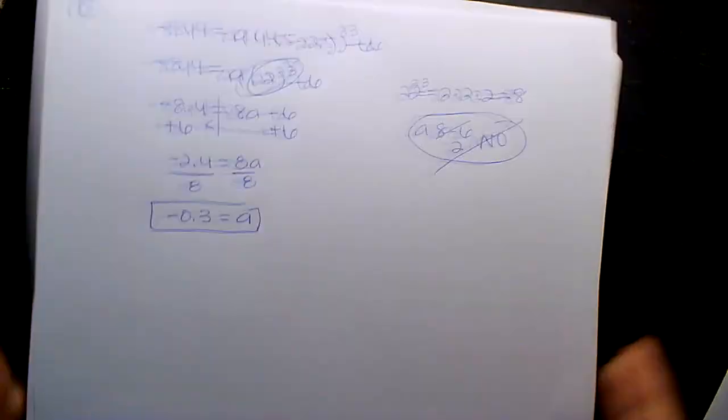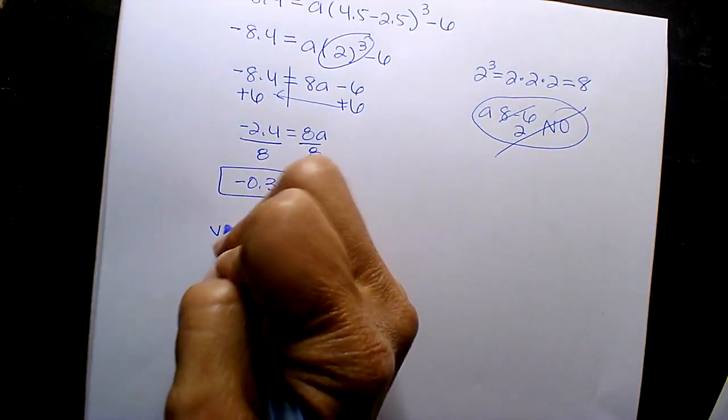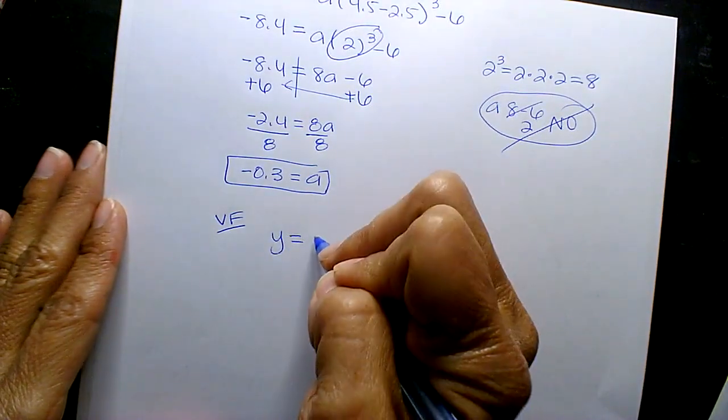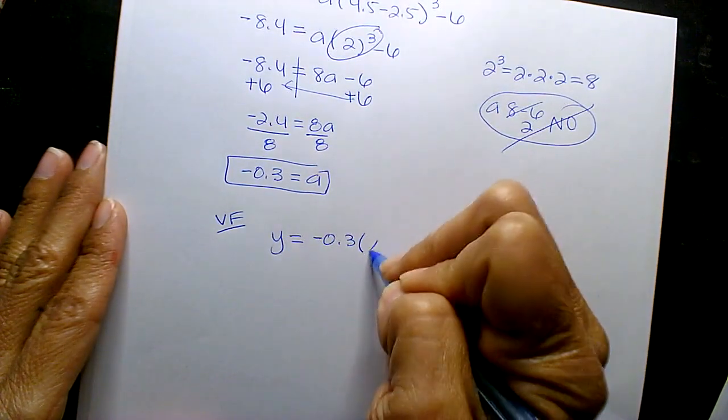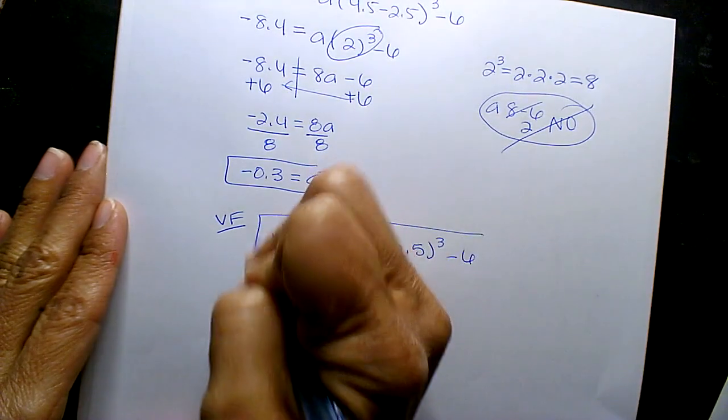So what is my vertex or inflection point form? We'll just call it vertex, and then I'll write it on the paper. Y equals negative 0.3, x minus 2.5 cubed, minus 6. This is what would get written.